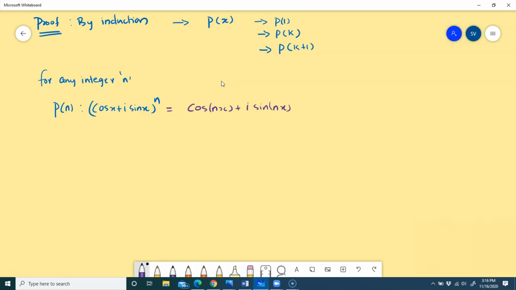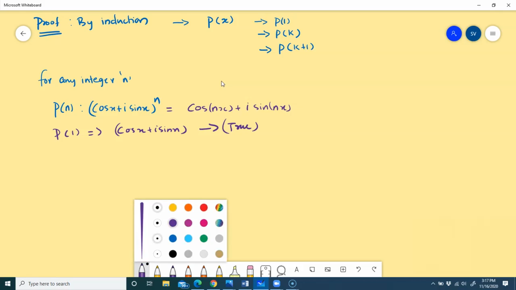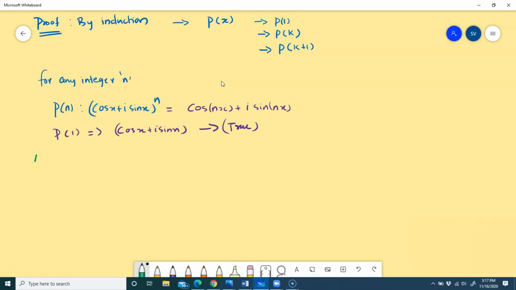So we start the proof by checking with 1. What is P of 1? P of 1 is cos x plus i sin x. So this is true. When n is 1, that is cos x plus i sin x, so nothing to prove there. Now we assume.